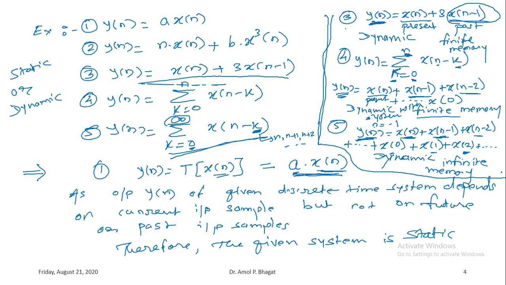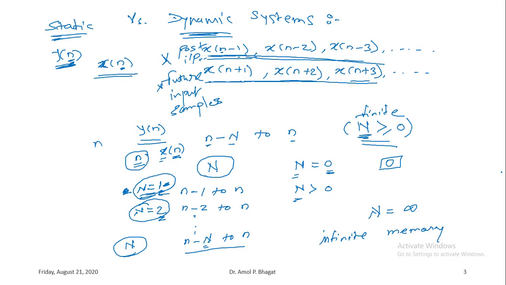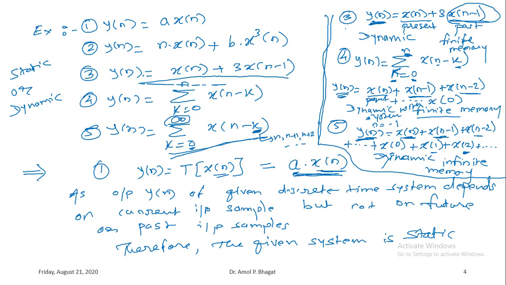It doesn't depend on the past input samples, that is x of n minus 1, x of n minus 2, x of n minus 3, and so on, or future input samples x of n plus 1, x of n plus 2, x of n plus 3, and so on. So it depends on the present input sample in case of a static system, otherwise the system is dynamic. That is how to identify static and dynamic systems.